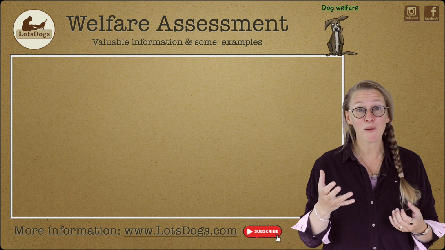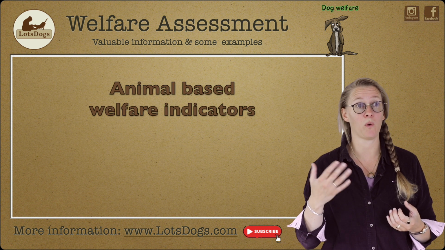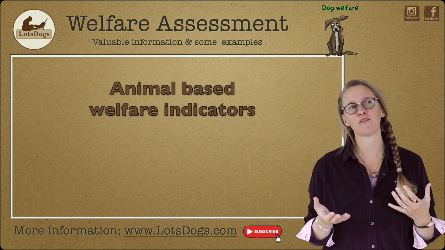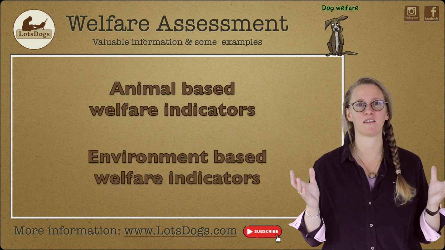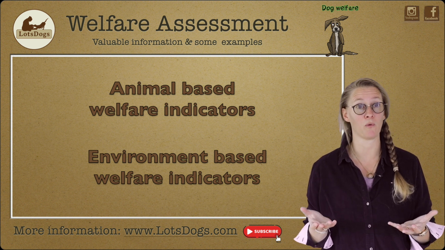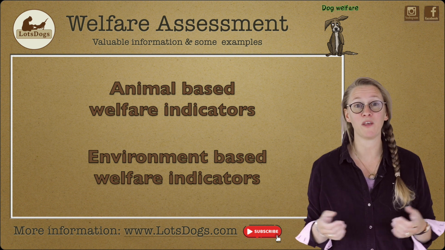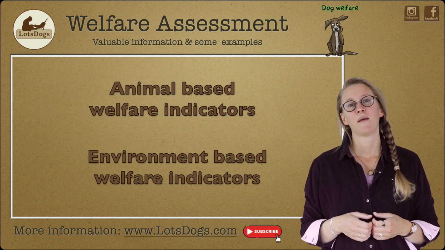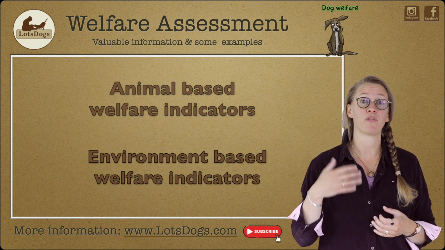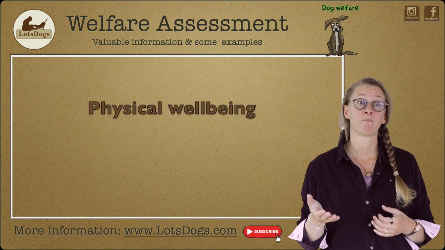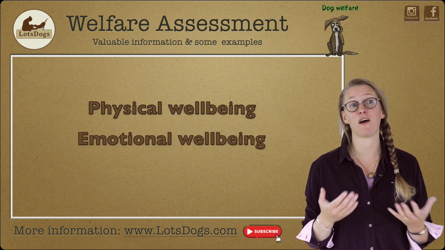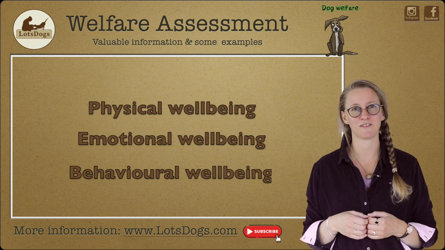Some will be animal-based welfare indicators, so that will be about me observing the animal, and others will be environment-based welfare indicators, so looking at the living environment of the animal and what the animal is being exposed to. Those will both give me information about the physical well-being of the dog, the emotional well-being, and the well-being in regards to behavioral welfare needs.